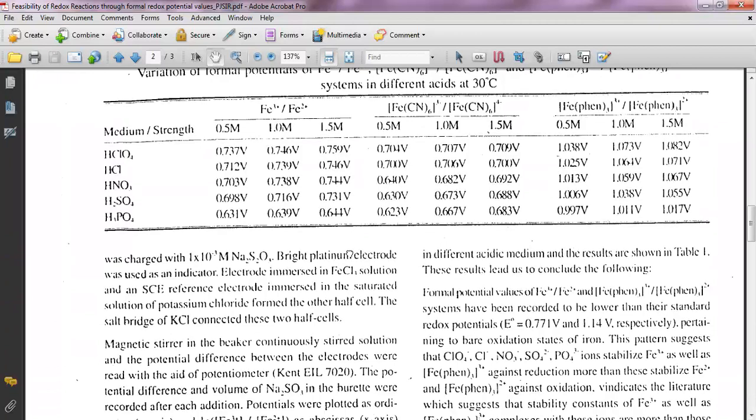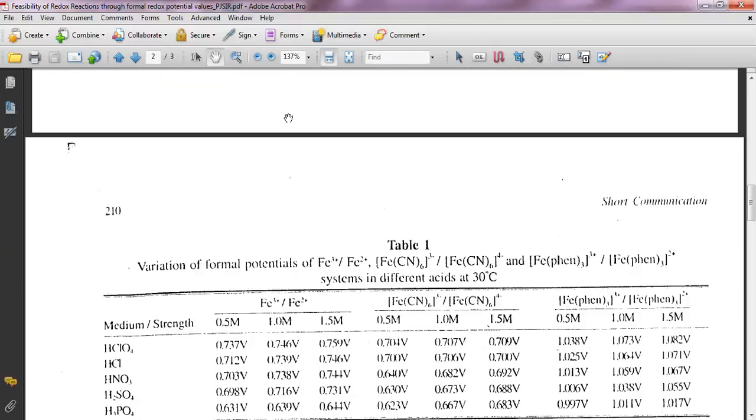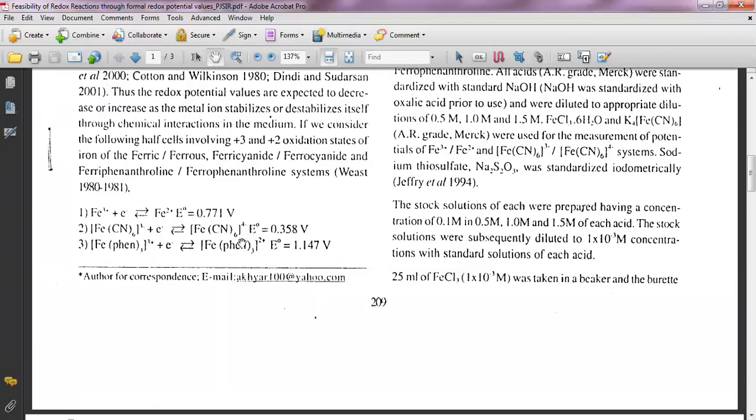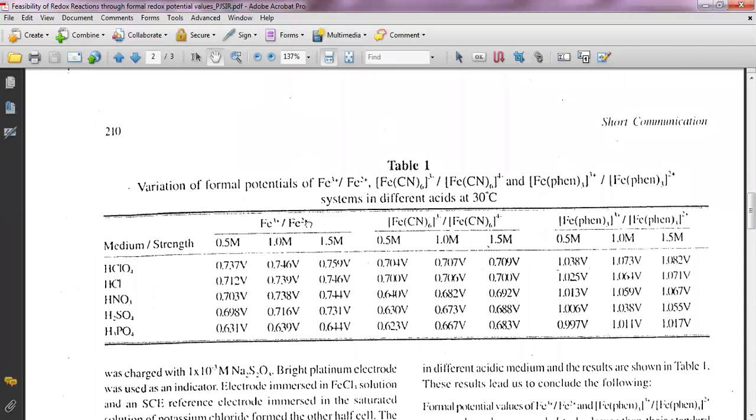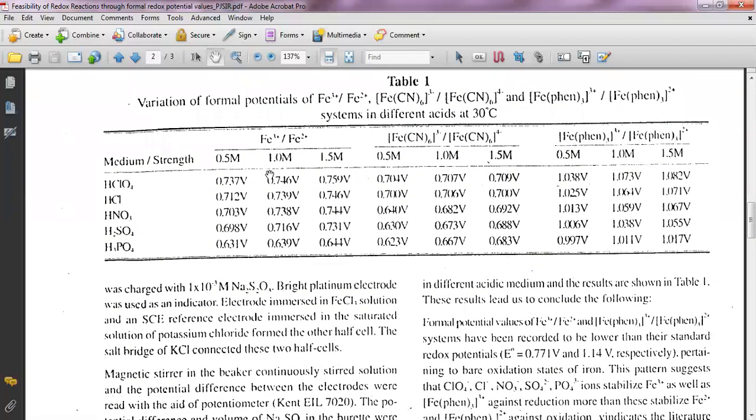So moving to the other objective. Let's suppose I discuss the example of the iron element. The standard reduction potential is 0.771. So what is the learning point over here?